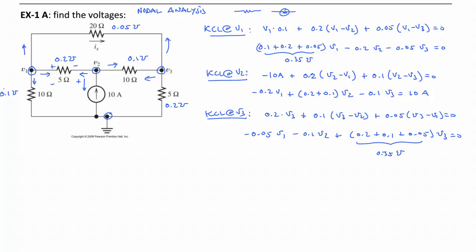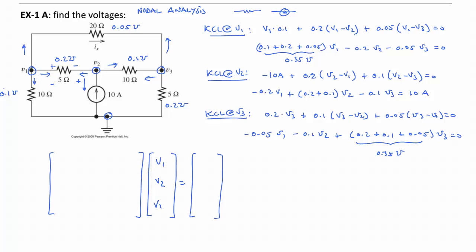Okay, and now we can put this in matrix form. You could solve this by substitution, it's just going to be a little bit more work, or you can use a program calculator to solve this set of equations. So we have V1, V2, V3, and then looking across in this first equation we have these coefficients. So we will write 0.35, minus 0.2, minus 0.05.